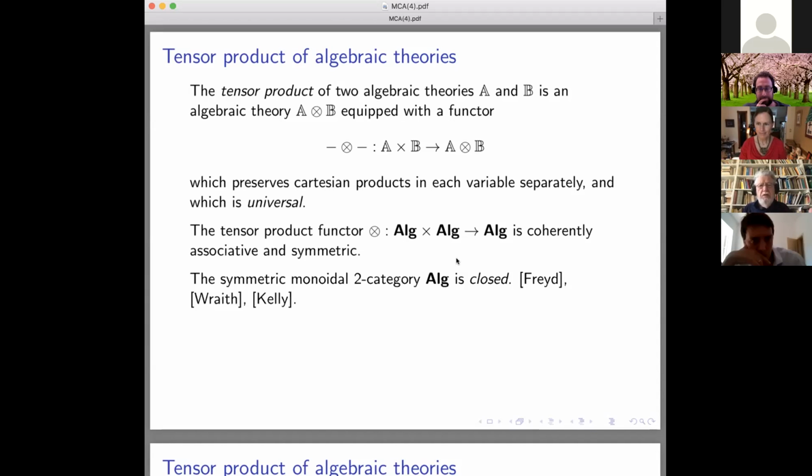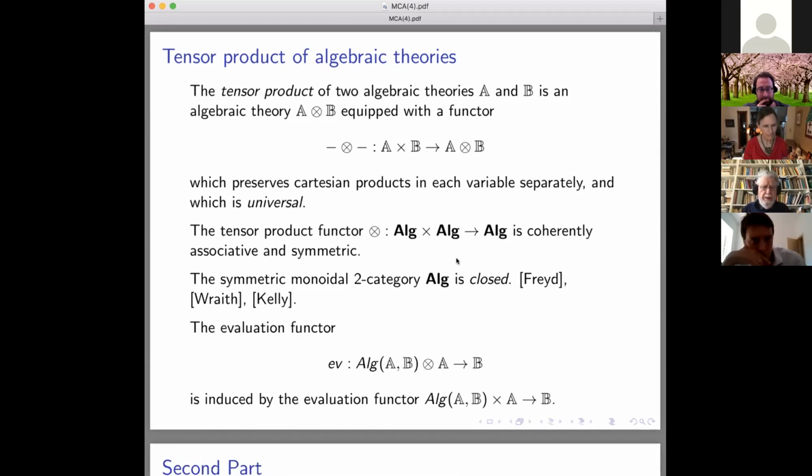Kelly understood that you always get something in this way, which is symmetric monoidal closed. And the evaluation functor that you get, from the old evaluation functor that was only preserving products in each variable, now preserves the Cartesian product jointly, by the very construction of the tensor product.